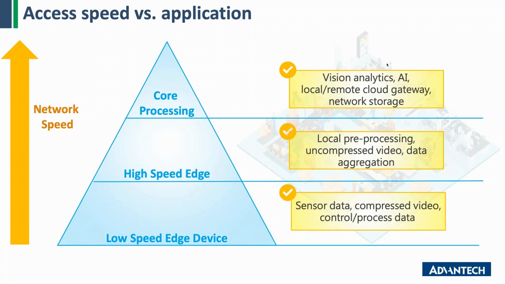Our edge processing, as I said earlier, for example, things like the UNO as the edge, handling uncompressed video data aggregation need higher speed. And then again, the driving force for 10 gig is all that data is slowly moving up the food chain to where we have our core processing systems like vision analytics, cloud gateway in, for example.